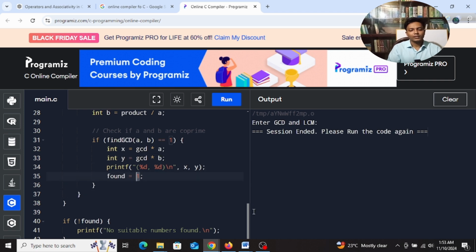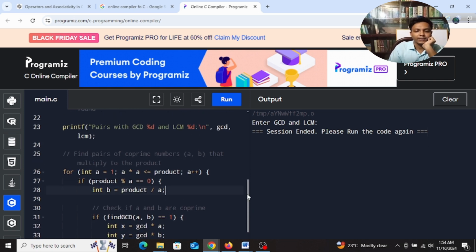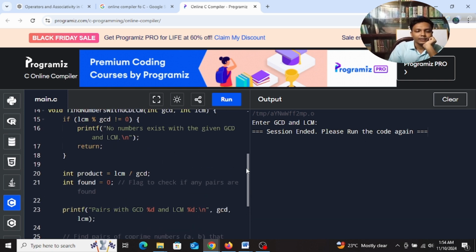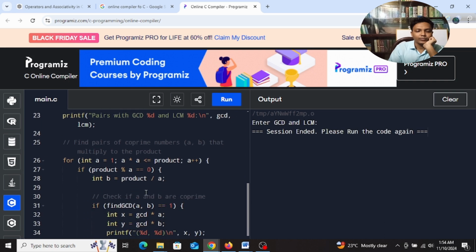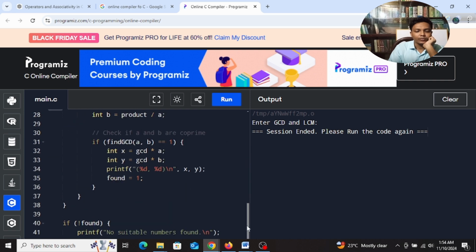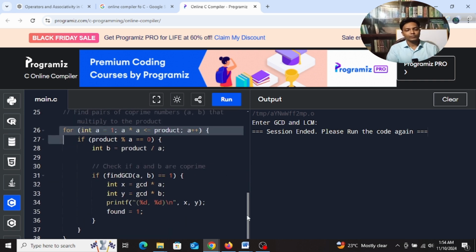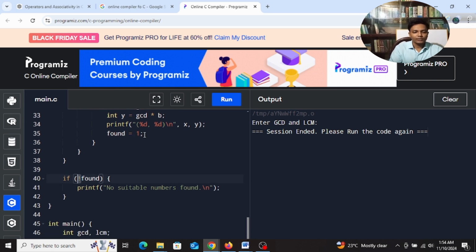Okay, so why is this found variable needed? If this for loop doesn't work, or somehow we didn't find any co-prime numbers, then found is not increased here.